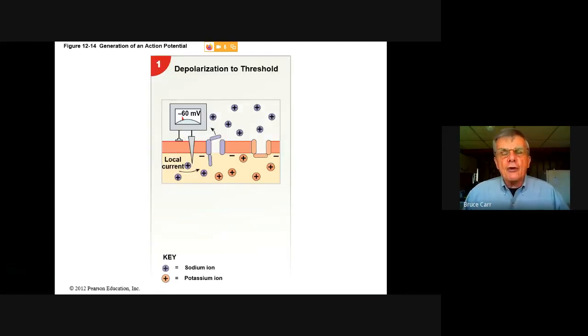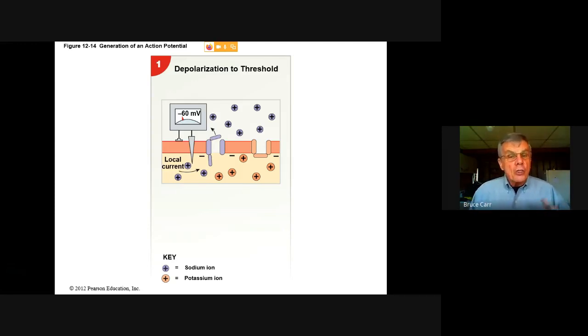The first thing that occurs is a graded potential, whether it's due to a physical or chemical or electrical stimulation, reaches a particular voltage value. We're going to choose minus 60 millivolts as that value where the graded potential hits threshold. Now, the importance of that value is that's the value where the sodium gate pops open.